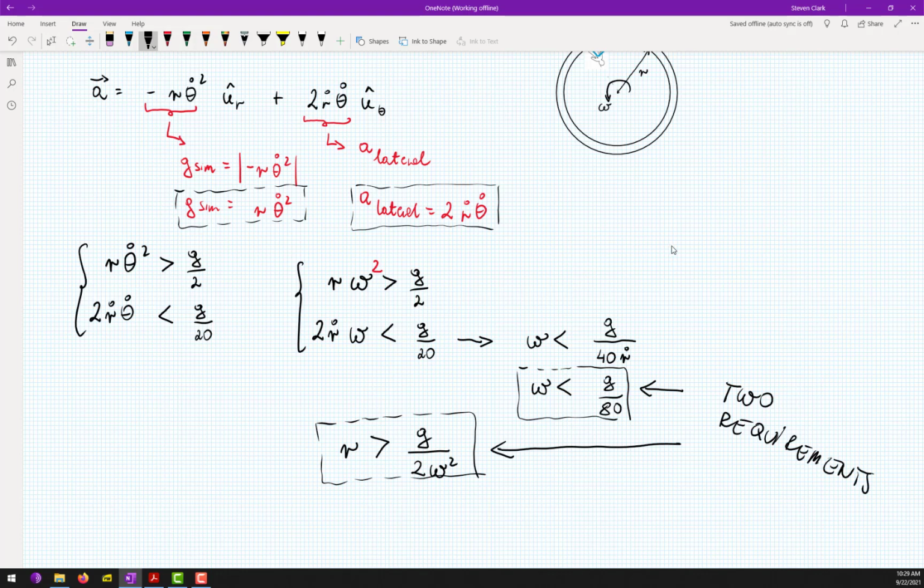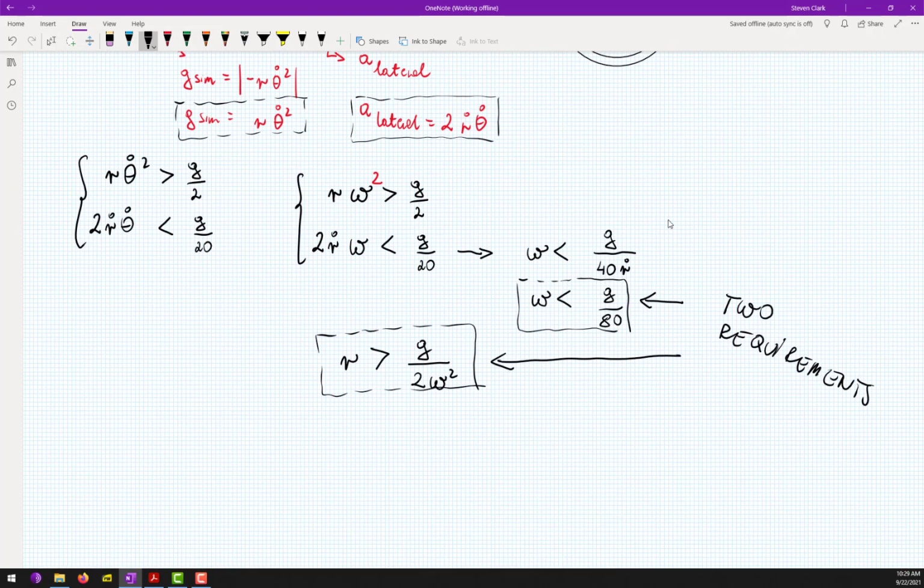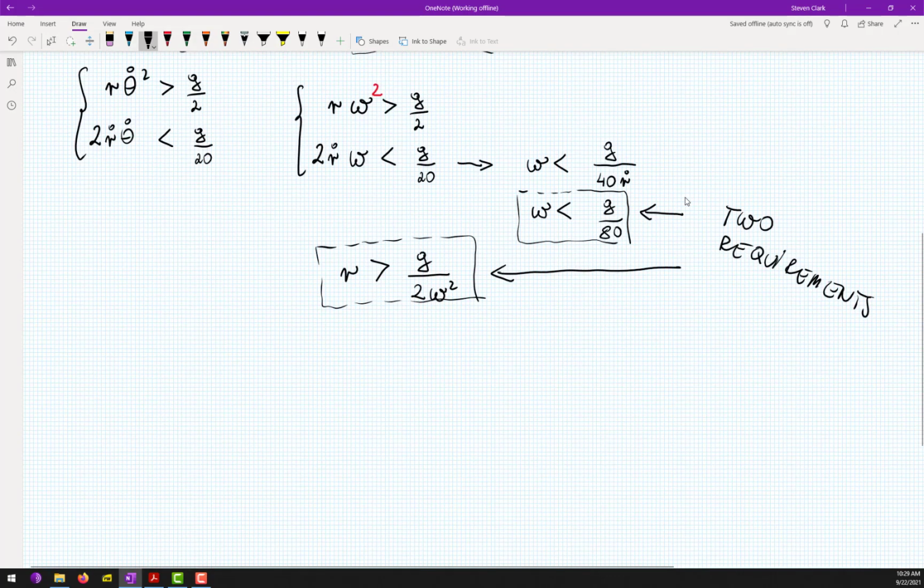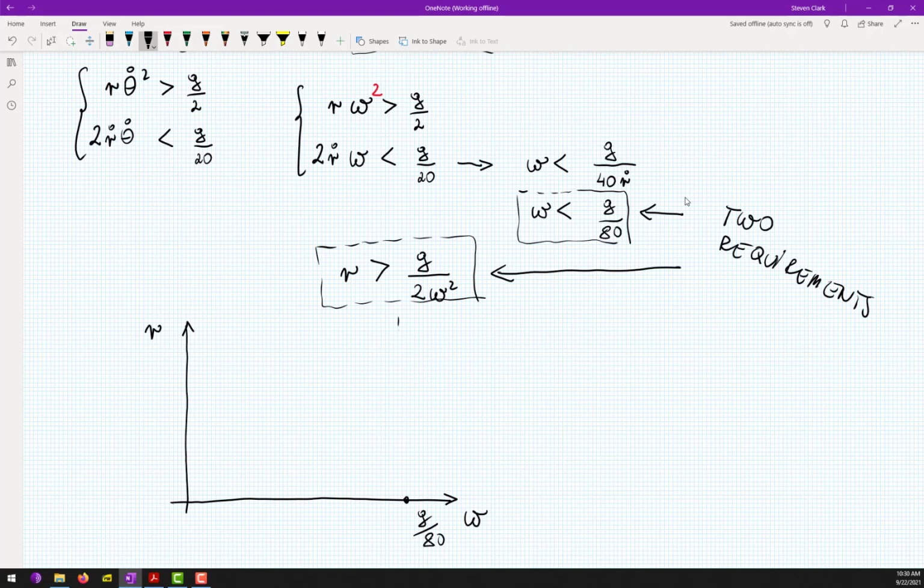Two requirements to model our space station. Let's maybe plot them. Let's plot these two functions on this plot. On this axis, I would like to have R. And on this axis, I would like to have omega. First of all, they told us that omega must be smaller than G over 80, of course. So omega must be smaller than that.